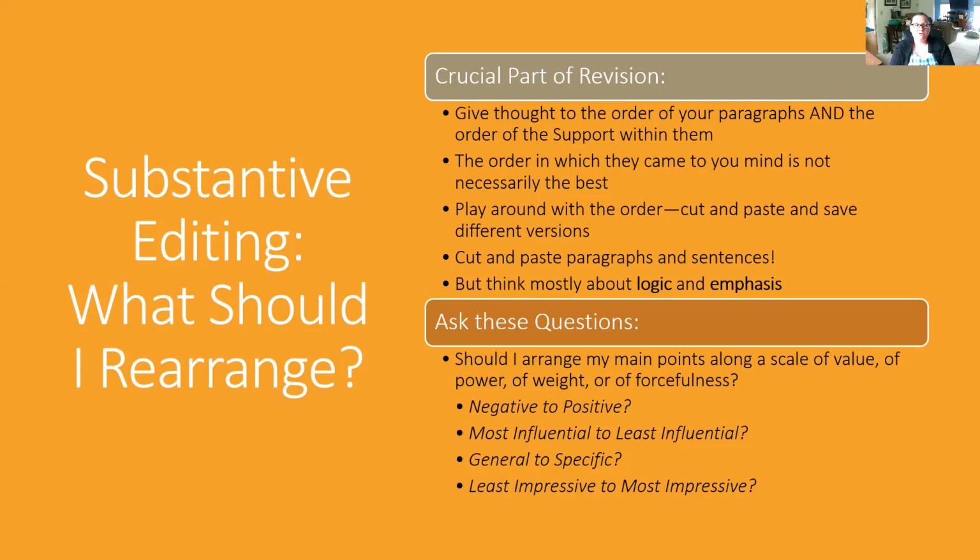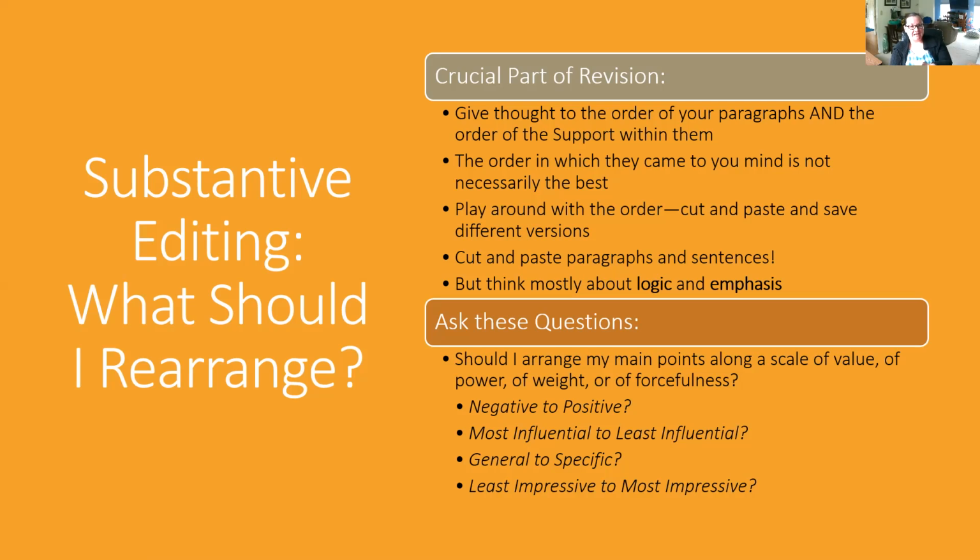But you want to think mostly about logic and emphasis when you are deciding what order to discuss your main points and what order to discuss your supporting ideas within each main point. Ask yourself these questions. Should I arrange my points along a scale of value, power, weight, forcefulness?